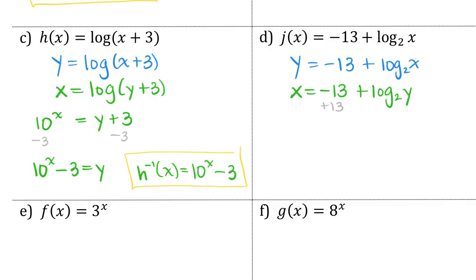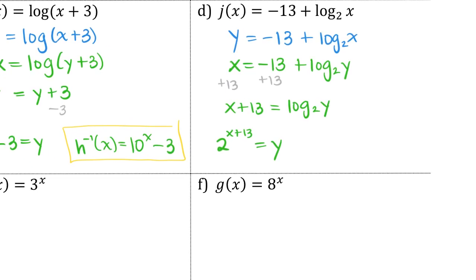So I'm going to add the 13 to the other side. Now that the log is by itself, let's rewrite it in exponential form. The base is 2. The exponent is x plus 13, so make sure the whole thing is in the exponent spot, equals y. The only thing I'm going to do is relabel this because this was the inverse of j. So j inverse of x is 2 to the x plus 13.